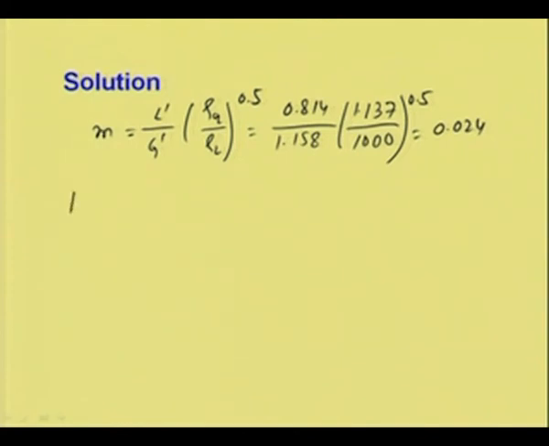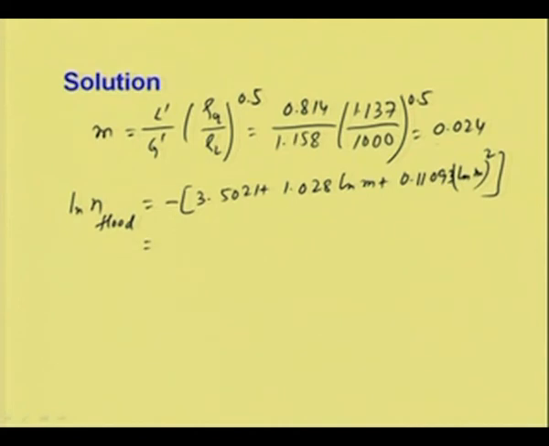Now, ln of N flood, we can calculate as minus 3.5021 plus 1.028 ln M plus 0.11093 ln M square.